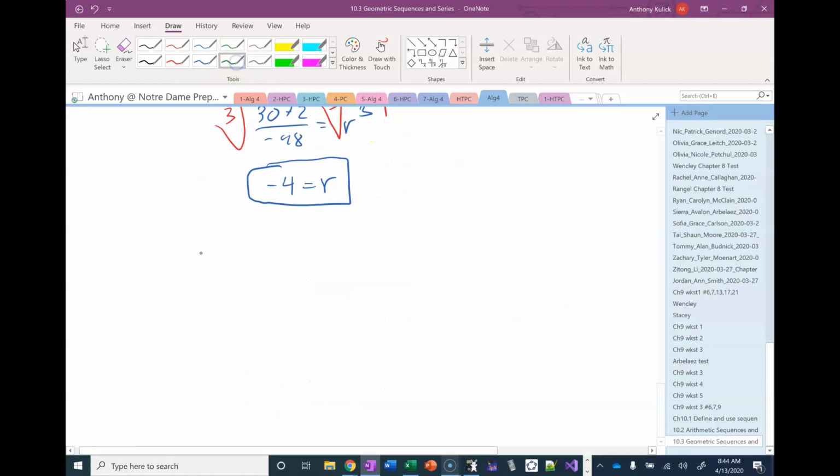So if I do that, I can say negative 48 is equal to A1 times negative 4 to the 3 minus 1. So 3 minus 1 is 2, negative 4 squared is 16.